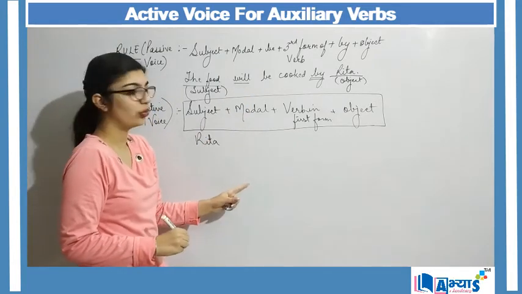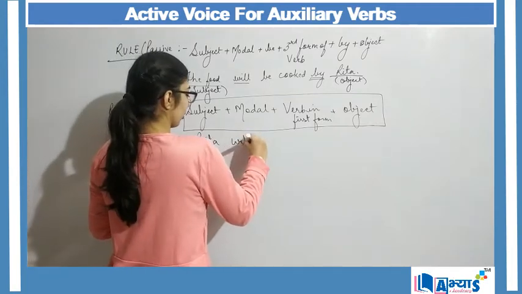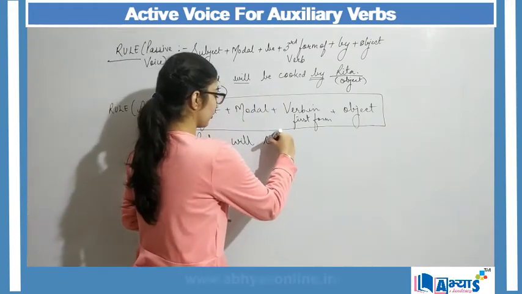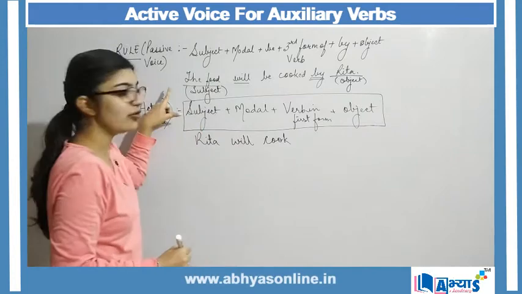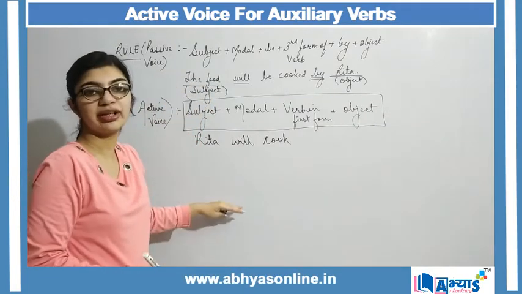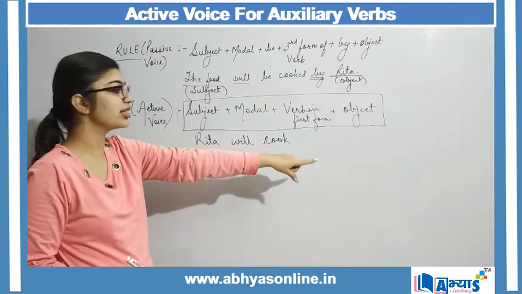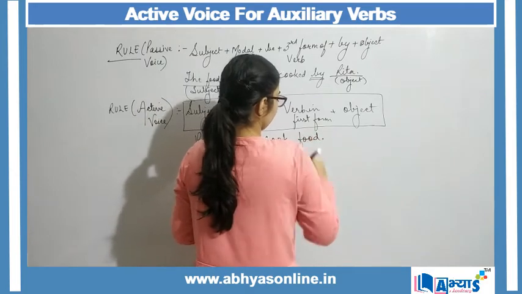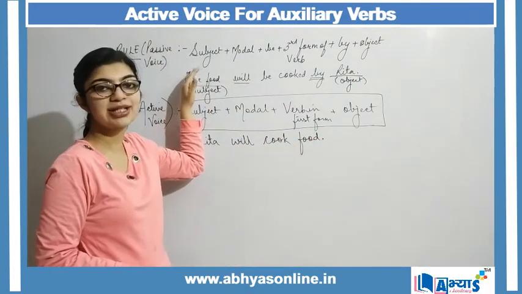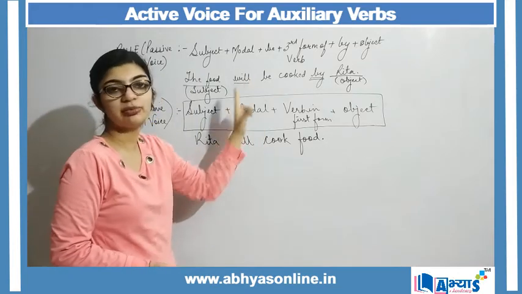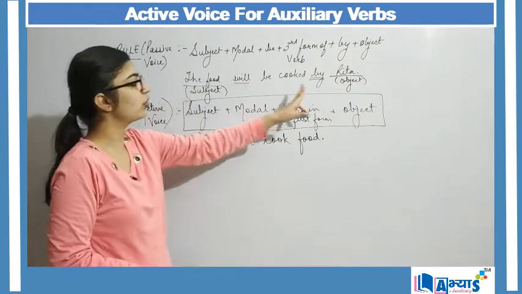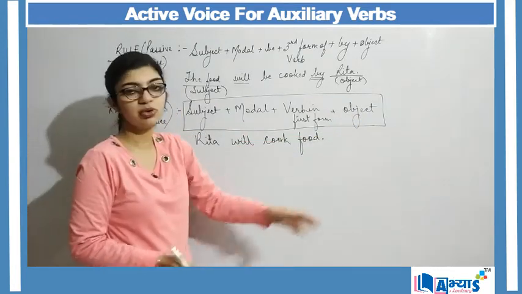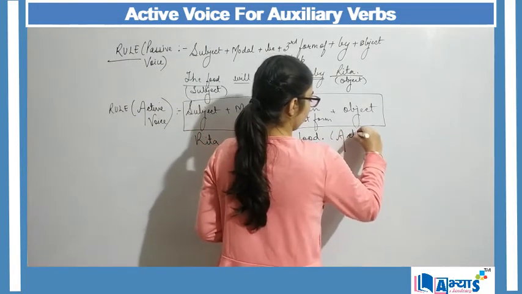My modal is will. The first form of cooked is cook. And the subject, the food, will change to the object. So the object for active will be food. Now my sentence has changed from passive to active voice with the modal. The food will be cooked by Rita is my sentence in passive voice, and Rita will cook the food is my sentence in active voice.